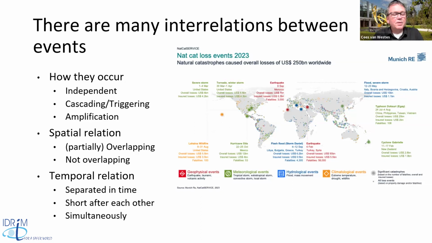A tropical storm in an area might be accompanied by extreme wind, extreme rainfall, causing also landslides and flooding. The wind causes wind damage, but also storm surge, and all these hazards interact with each other. Others might actually happen in different time periods shortly after each other.